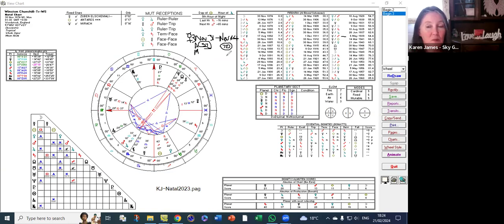And symbolically as well, Mercury is communications, thinking. I mean, wasn't he so famous for his speeches that he was able to deliver so effectively?